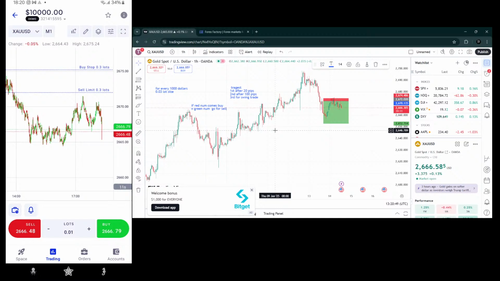My trade doesn't open and the market is going down very fast, even before news. Now the market is moving fast.